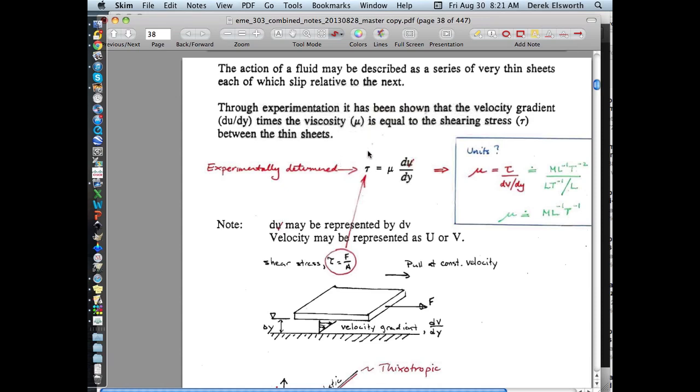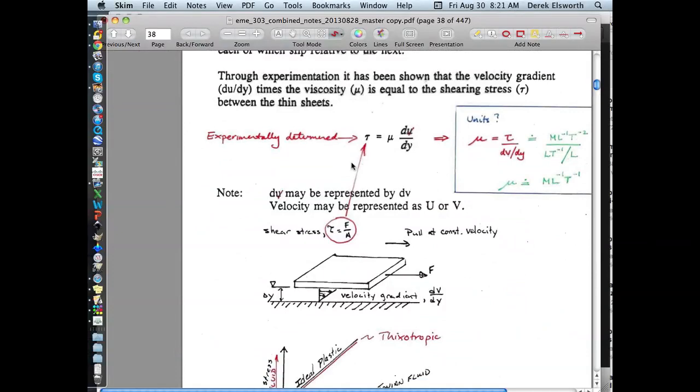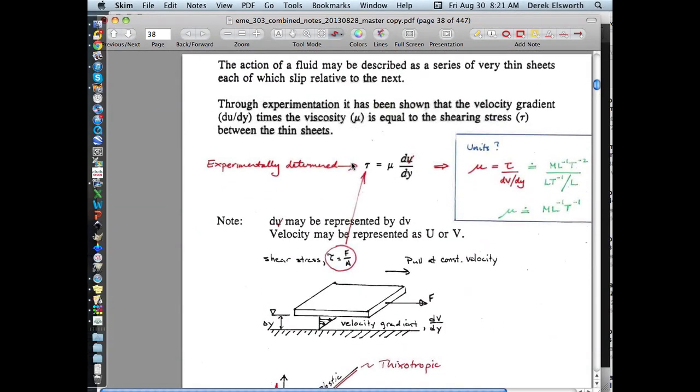The basic expression that describes viscosity is Newton's law of viscosity. It's one of our favorite guys in this class, Isaac Newton. It just says that the shear stress that you have to apply to a fluid to get it moving is proportional to a constant, which is called the viscosity.